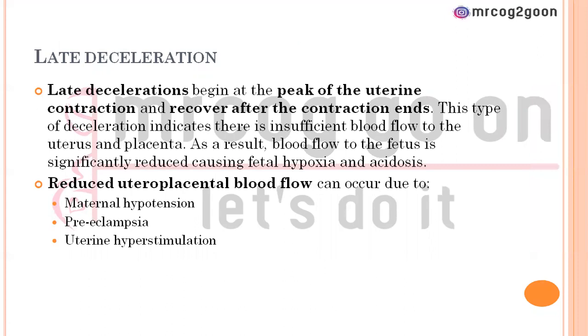It happens with the peak of the contraction and recovers after the contraction ends. Okay. This is due to reduced uteroplacental blood flow due to maternal hypotension, preeclampsia, or uterine hyperstimulation.